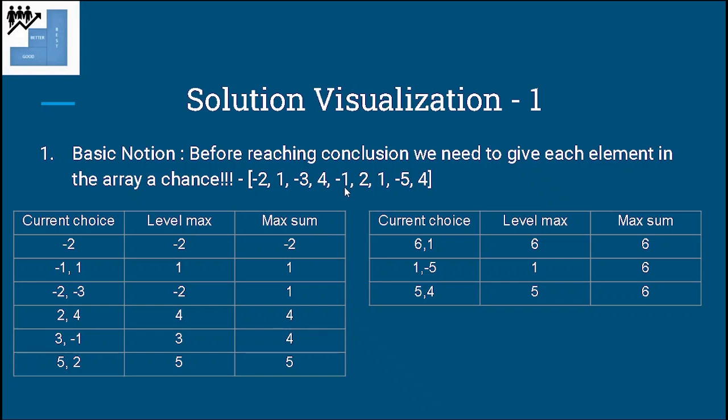Even if this element is negative, later on it might get an even bigger number, like in this case, which is 2, and including 4 minus 1 2 would be better than just 4, right? So that's what we see here with this algorithm. We see that after including minus 1, my sum became 3, but then I included 2, and at the current level I got 5, and my maximum sum got upgraded to 5.